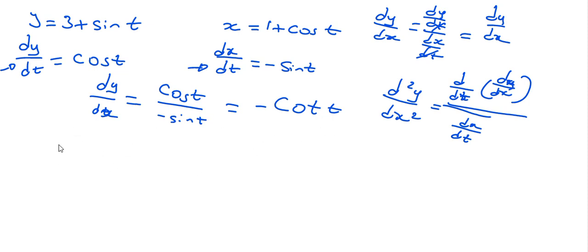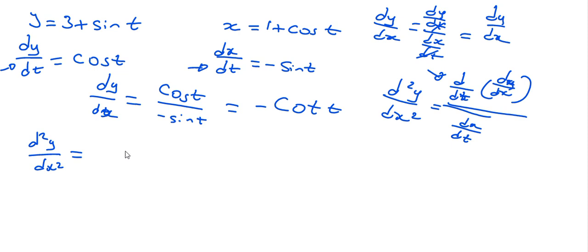So let's say our second derivative is going to be, remember we have cot. We're supposed to derive our function from this equation. Let's derive.